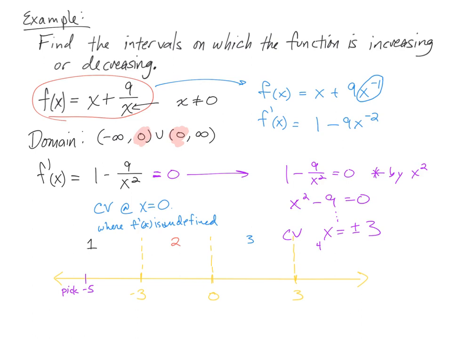In between -3 and 0, let's say I pick -1. In between 0 and 3, I'm going to pick 1. And just pick a number to the right of 3, I'm going to pick 4.